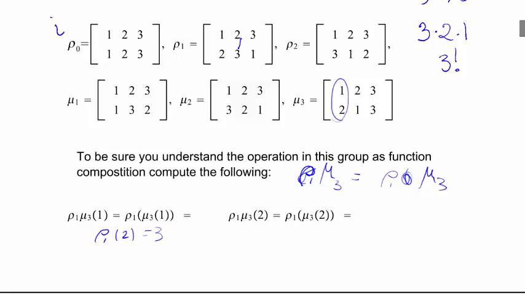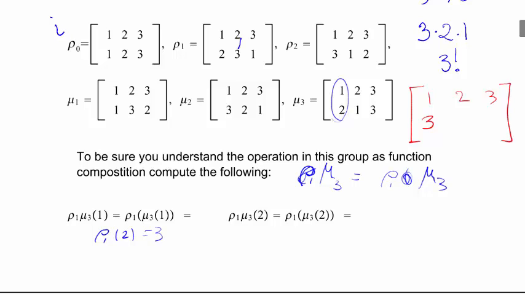So this is 3. Let's draw it right up here. 1, 2, 3. We just found out that row 1 mu 3 of 1 is equal to 3, so it sends 1 to 3.